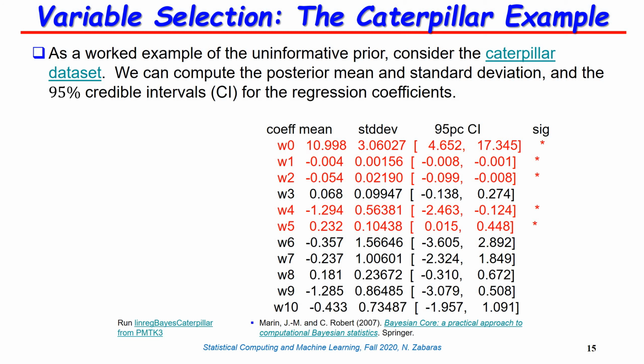But the way I prefer to look at it is, if these W's correspond, and they do in this particular case, to different input directions, or input dimensions, you can immediately see that directions 3, 6, 7, 8, 9, and 10 can be removed, and they don't really affect the predictive capacity of your model.